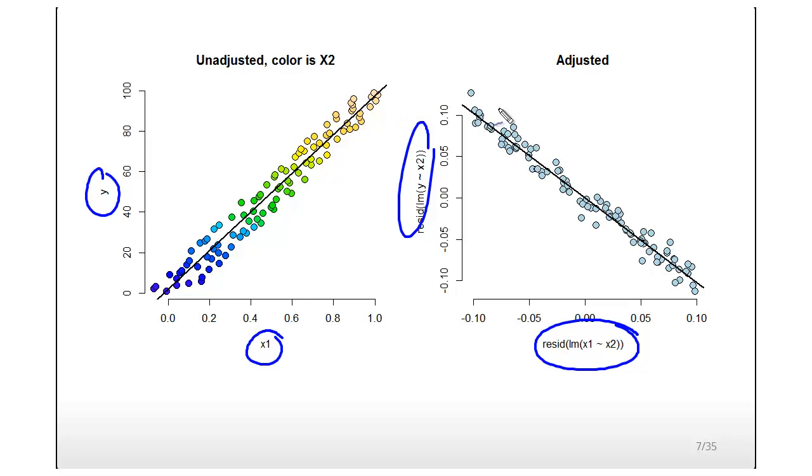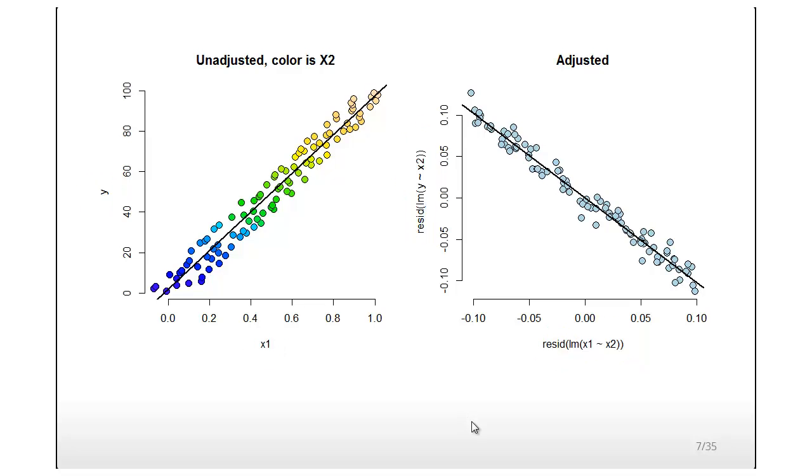Then you see that once you factor out x2, you have a relationship in the opposite direction. It's basically saying that if you were to fix these colors, the colors are all binned, then within a color you would see a negative slope between y and x1.